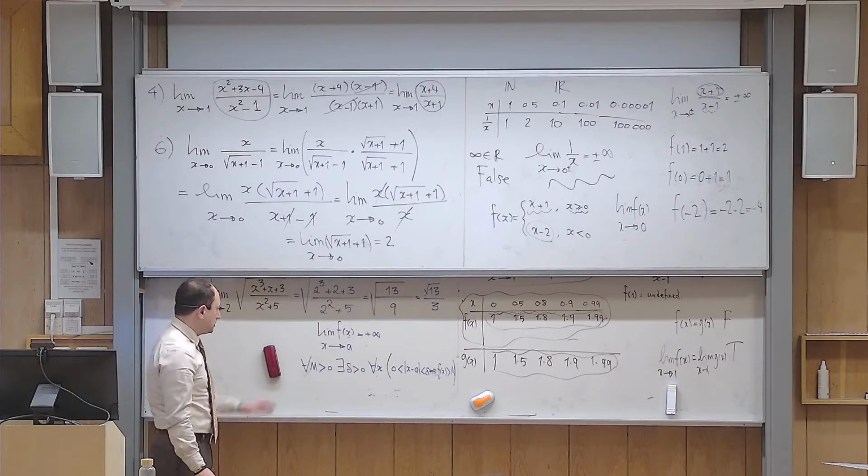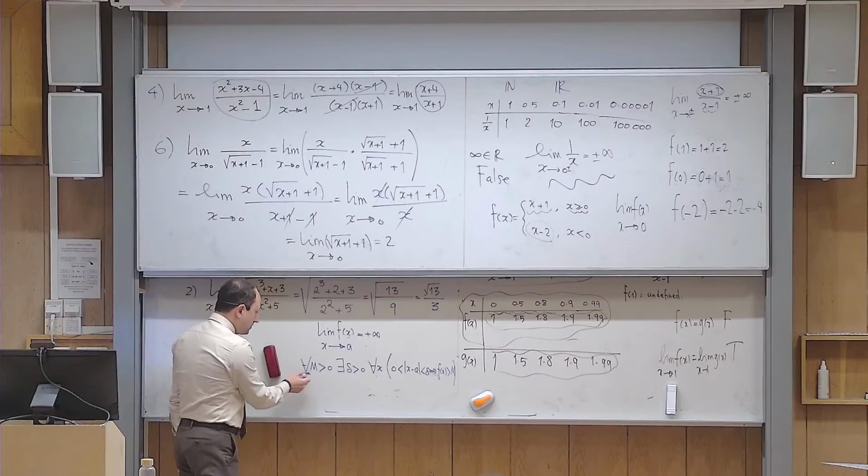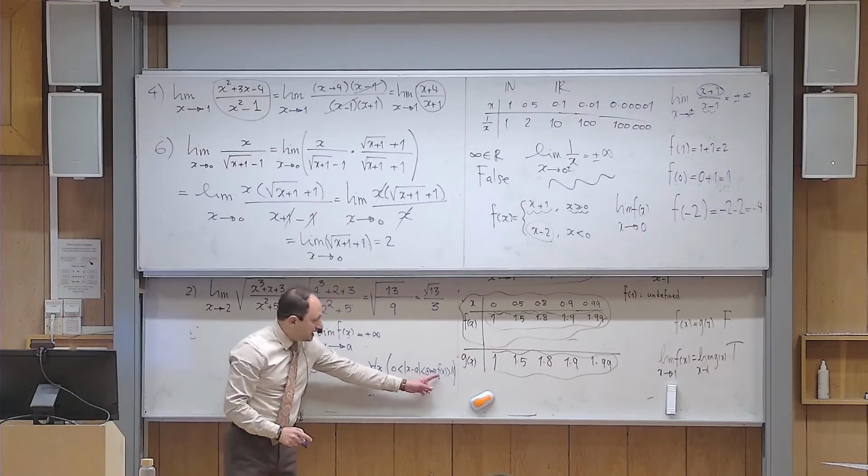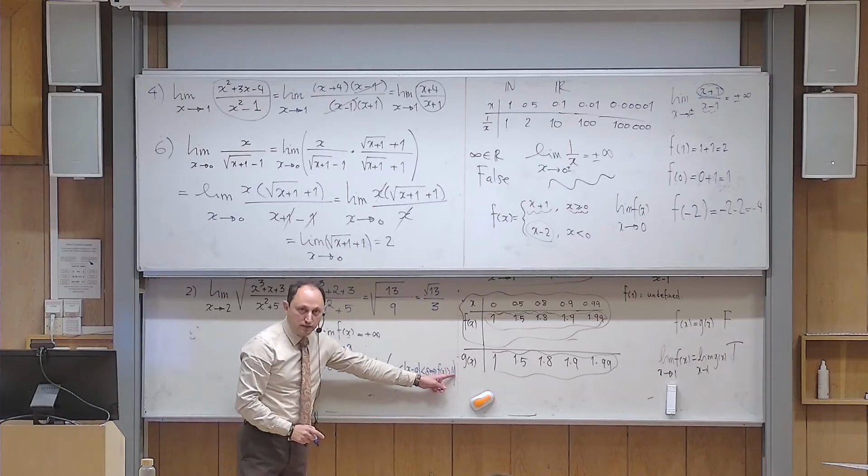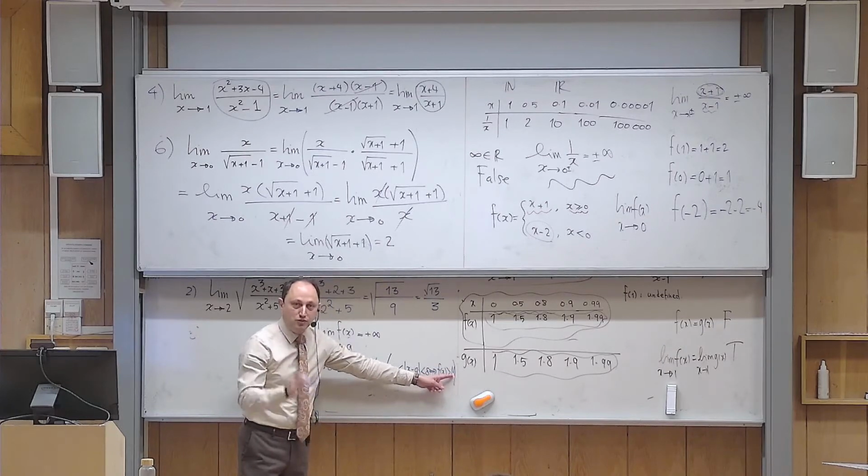You see this is a universal quantifier. It tells you that for any positive value of m, you can make f of x larger than m, but there is one condition that you have to respect.